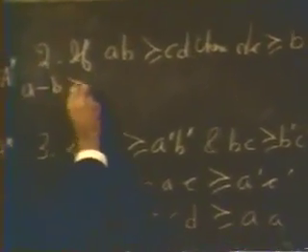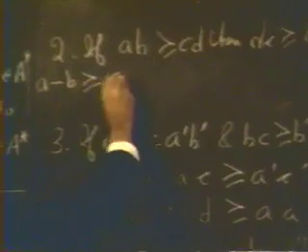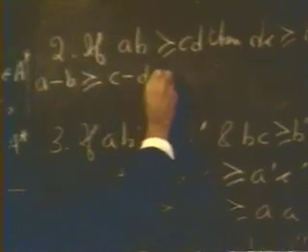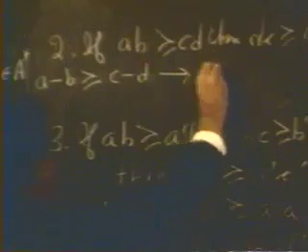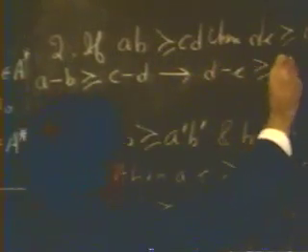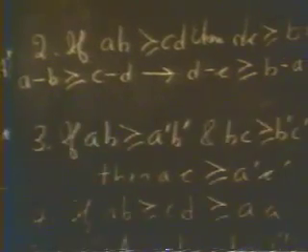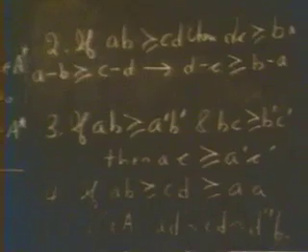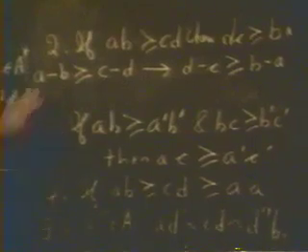We have A minus B equal to or greater than C minus D. Then we have immediately that D minus C is equal to or greater than B minus A, just multiplying through by -1 and reversing the inequality in the familiar fashion. So that's just the meaning of axiom 2.